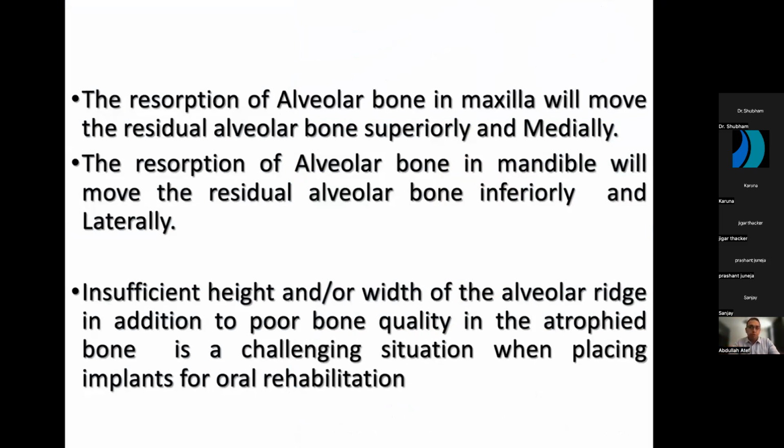Most edentulous people appear to have class 3, but they are not true class 3; it is the pattern of resorption and the pattern of functional adaptation to compensate for tooth loss. Insufficient height or width of alveolar bone, in addition to bone quality, makes a challenging situation for implant and oral rehabilitation.